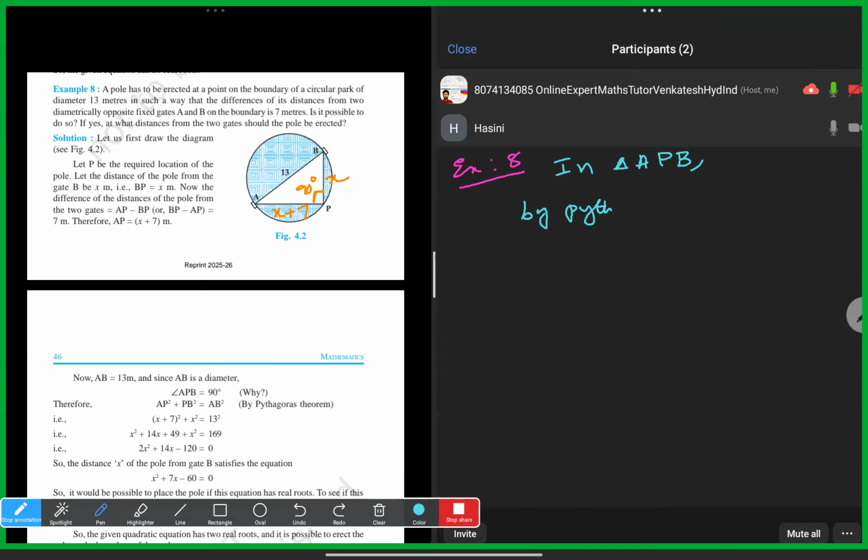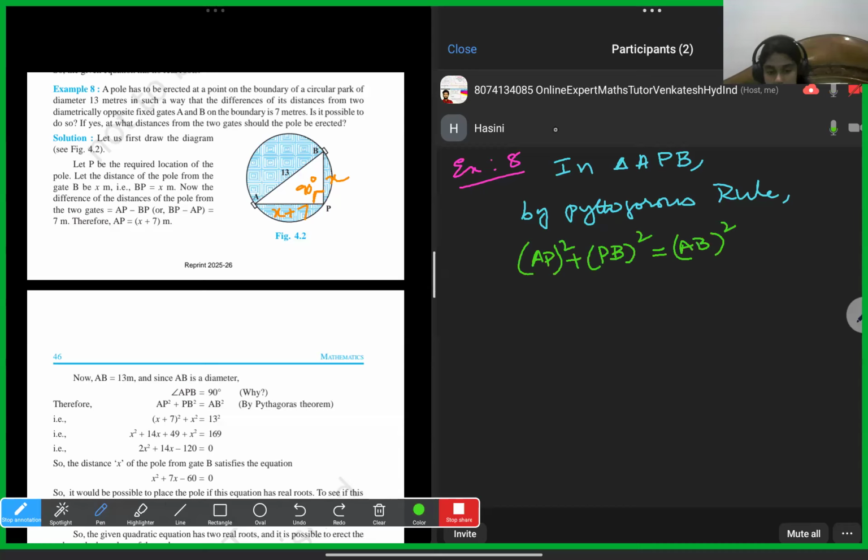By Pythagoras rule, side square plus side square is equal to hypotenuse square. With 90 degrees, the opposite side is the hypotenuse, so AB is the hypotenuse. We already know the diameter will become the hypotenuse. So AP square plus BP square is equal to AB square. Angle APB is equal to 90 degrees because it is the angle in a semicircle.